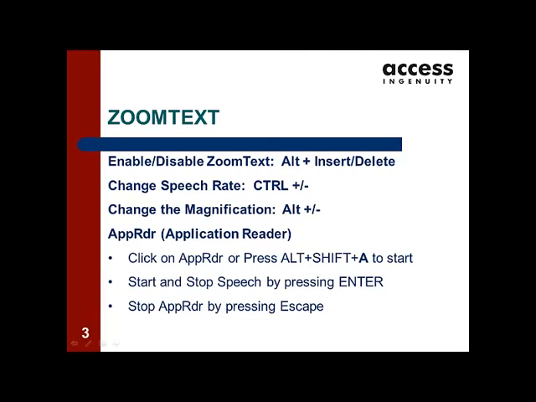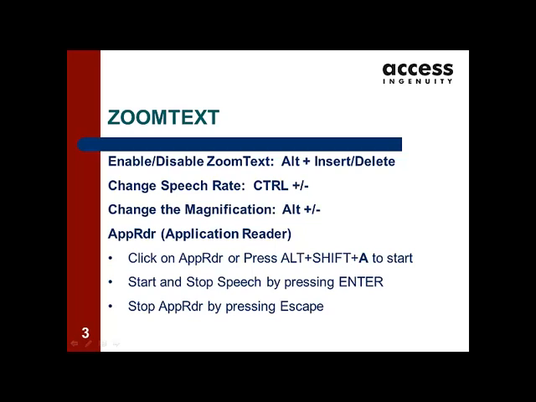This final slide shows some of the ZoomText features available via the keyboard. You can enable and disable ZoomText using Alt plus Insert on your keyboard, or disable it, Alt plus Delete. You can change the speech rate by pressing Control and then the plus key on the number pad, or the minus key on the number pad to decrease the speech rate.